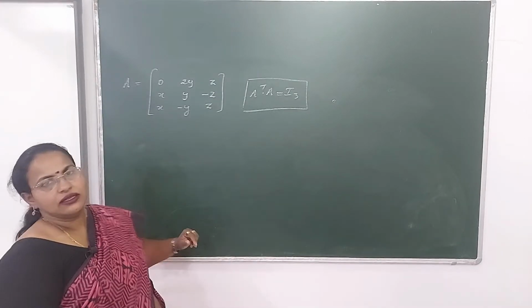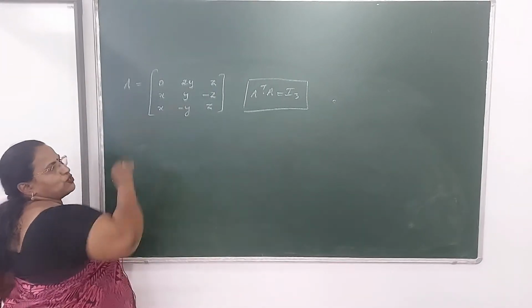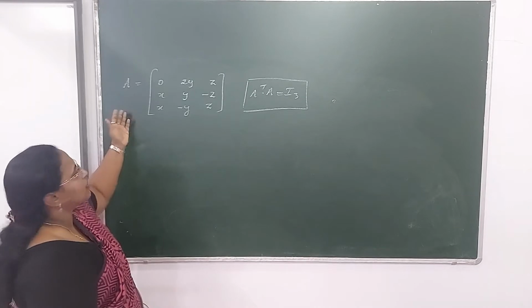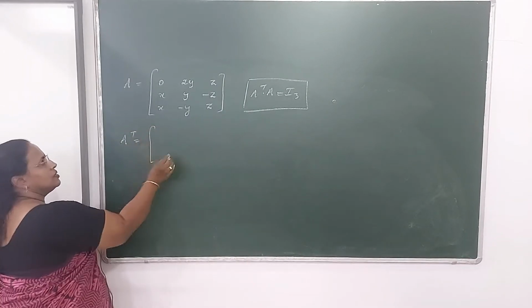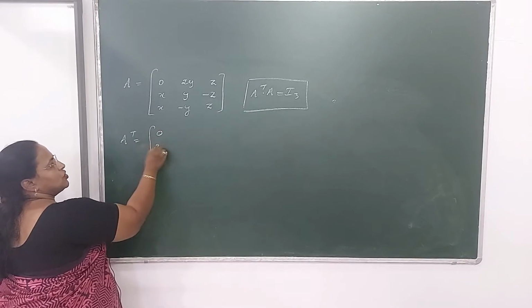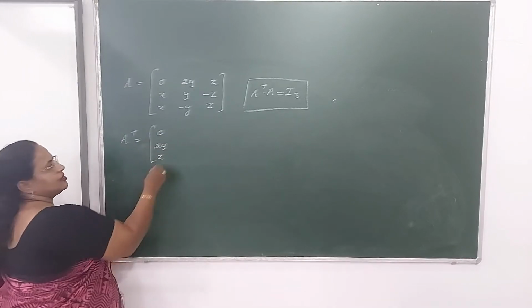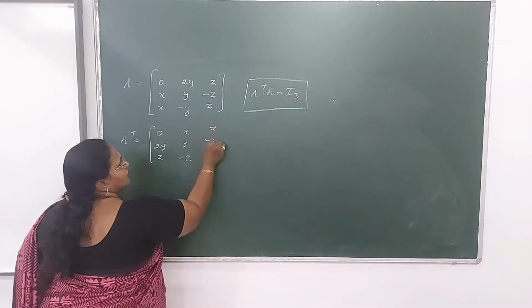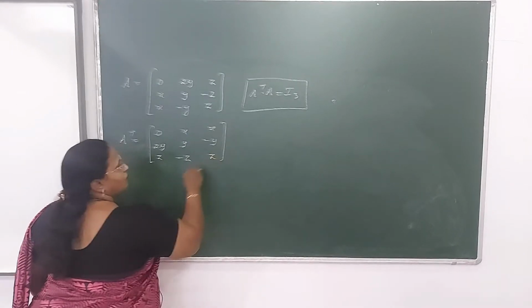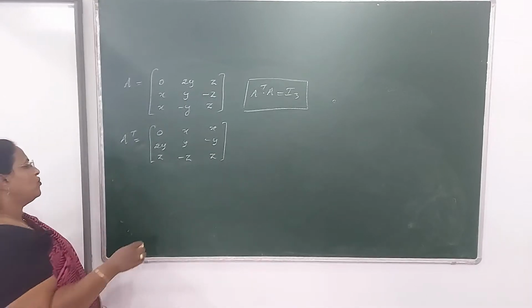Okay, fine. So before going to that particular condition, you need to find out A transpose. So let us find out A transpose. So A transpose is 0, x, x; 2y, y, minus y; z, minus z, z. Now we'll be using the condition which is given over.